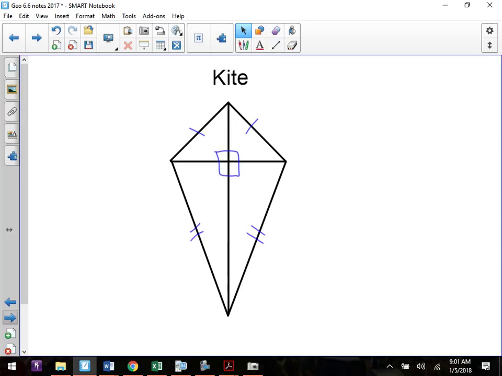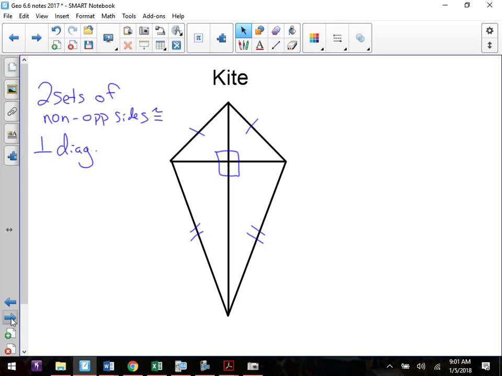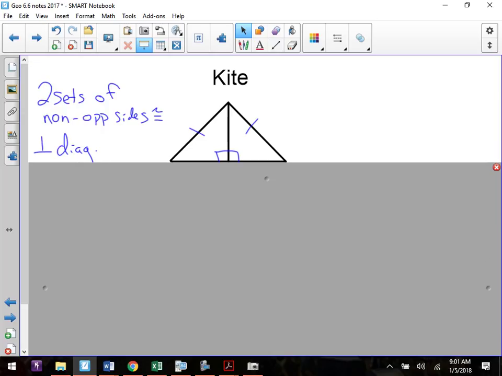Okay. And so let's see here, let's list out kites. Two sets of non-opposite sides congruent. It's got perpendicular diagonals. Now, this is where it gets kind of weird. When you have an isosceles triangle, let's go back and just cover this up.